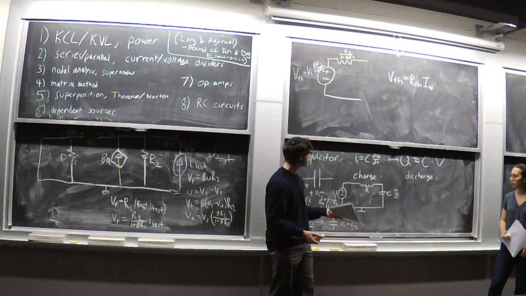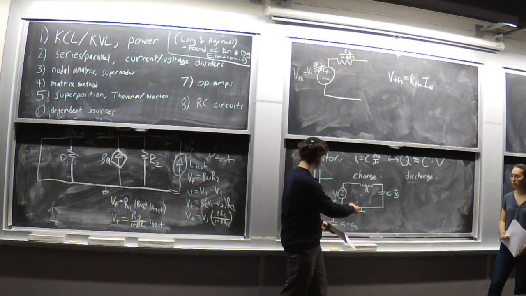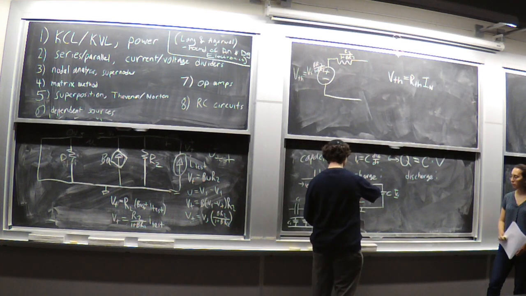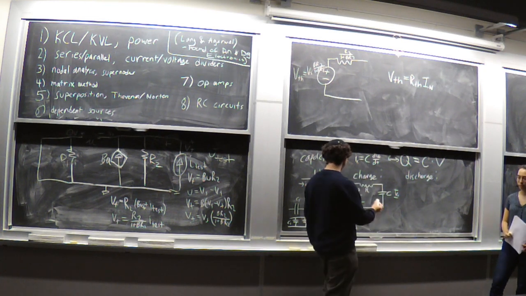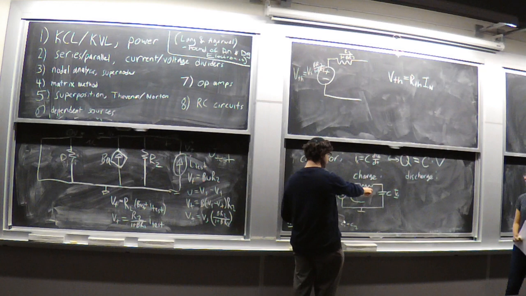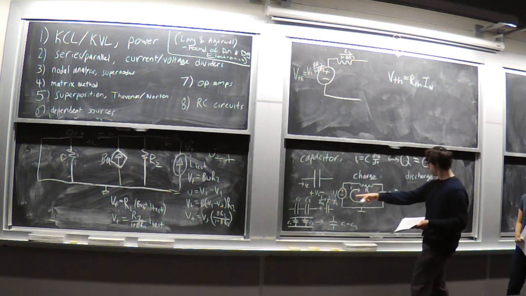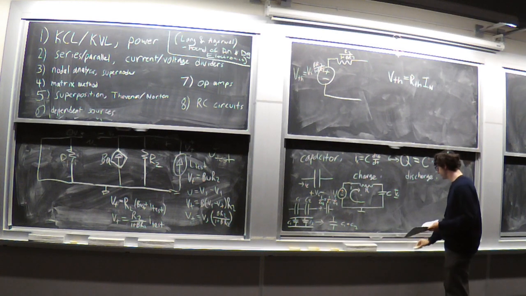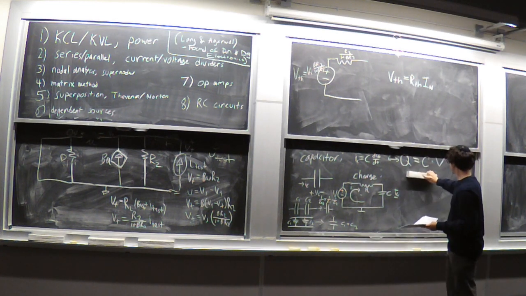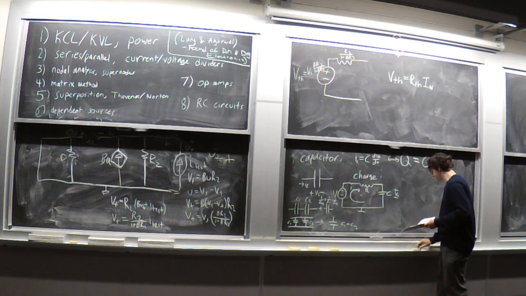If we were to do a nodal analysis on this, it's a small circuit, it's one loop. We have one current going all the way through. Let's call it I, and let's define it going that direction. Discharge, we'll get to that in a second.